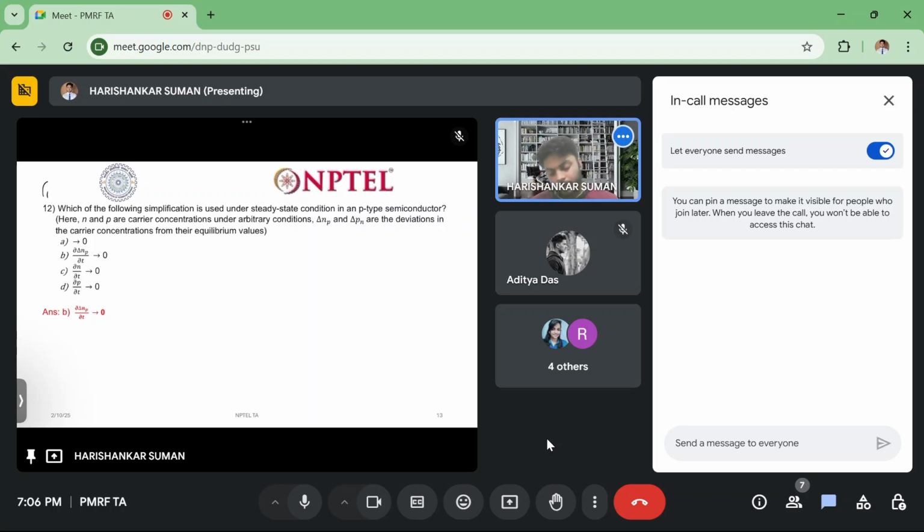Next question. Which of the following simplifications is used under steady state condition in p-type semiconductor? P and N are the carrier concentrations under arbitrary condition. Delta Np and delta Pn are the deviations in the carrier concentration from their equilibrium values.